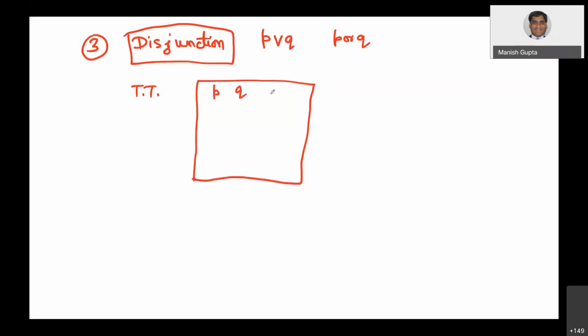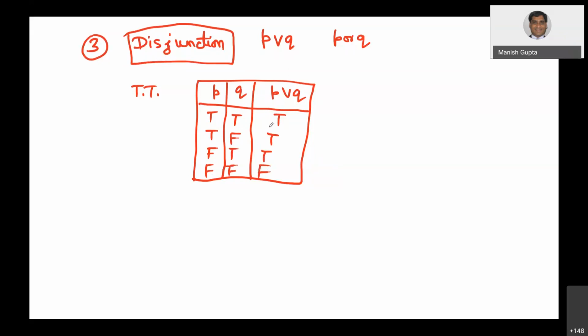P, Q, P join Q. If P is true and Q is true, the join will be true. If one of them is true, this will remain true. If this is false and this is true, this will remain true. If both are false, then only it is false. So this is the truth table.